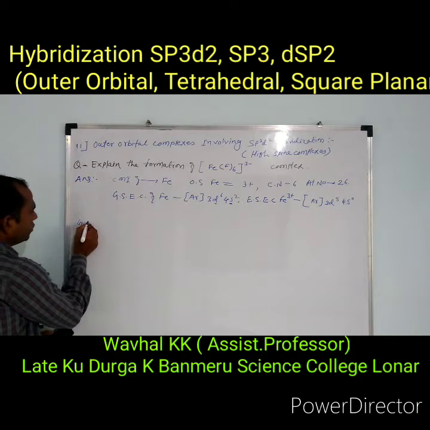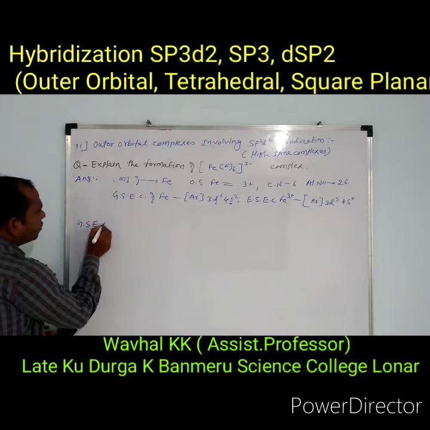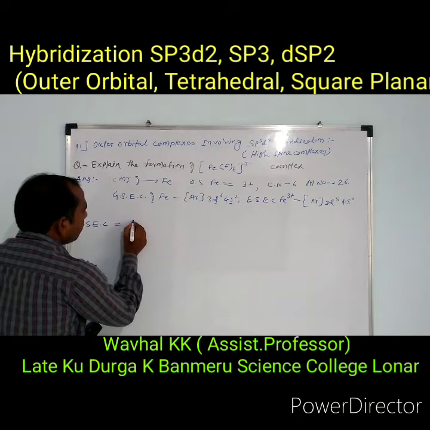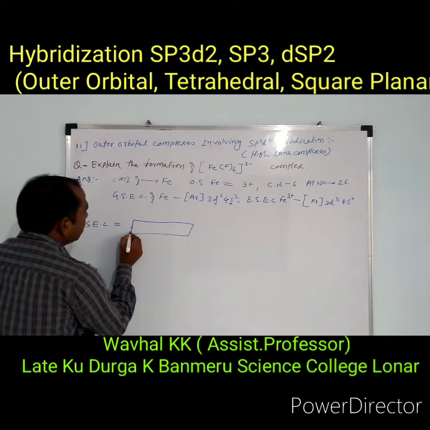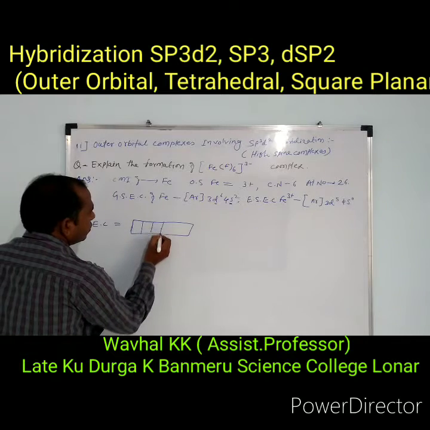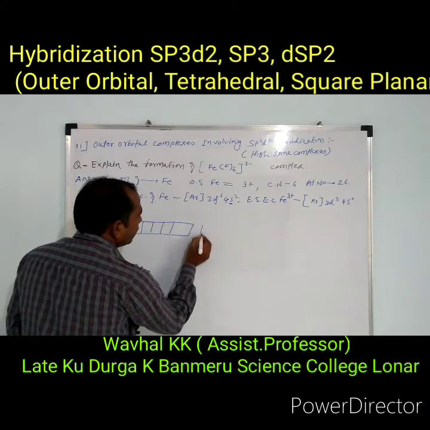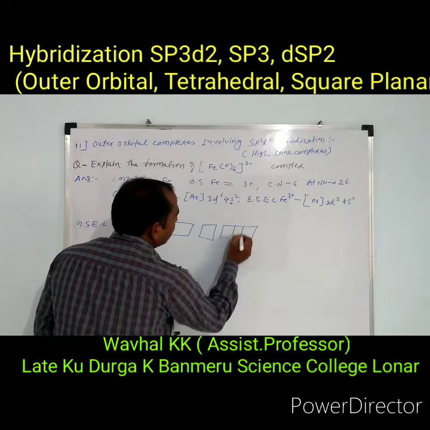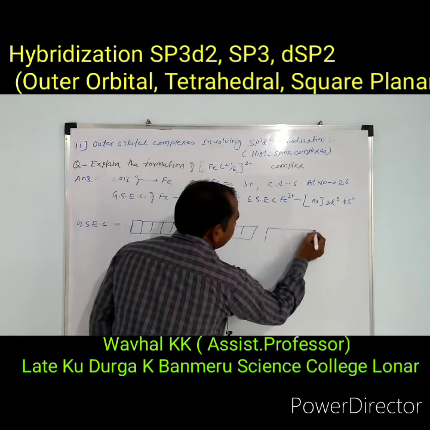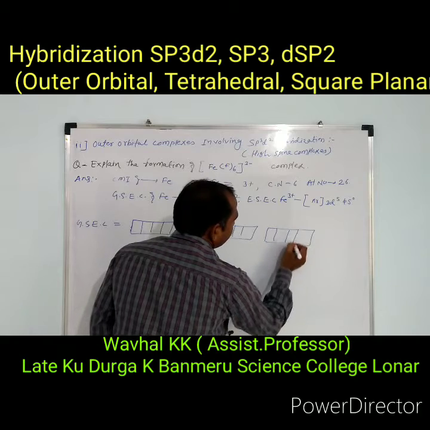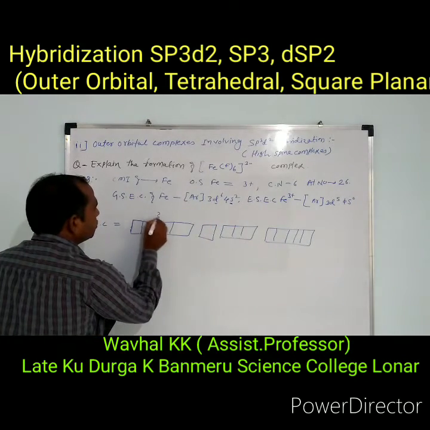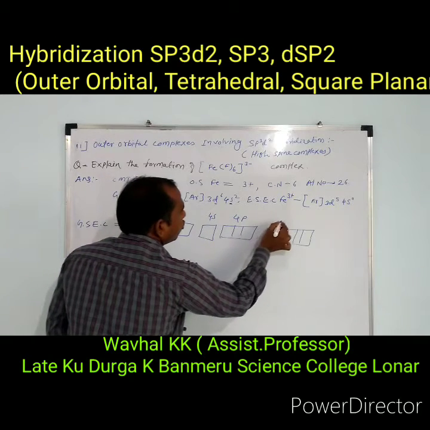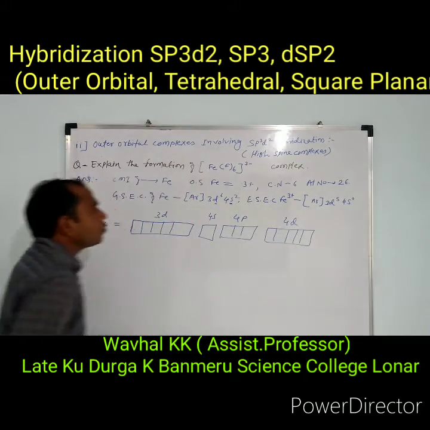Ground state electronic configuration: 3d orbital here, then 4s orbital, then 4p orbital, and lastly the 4d orbital.